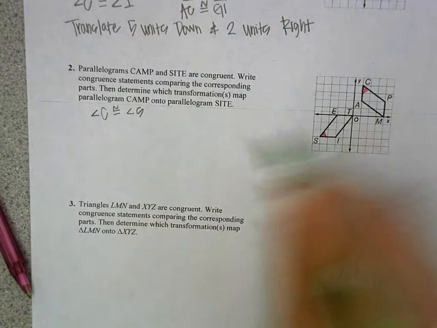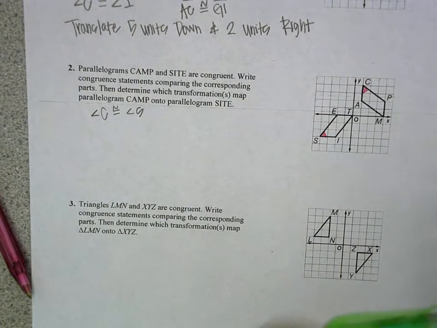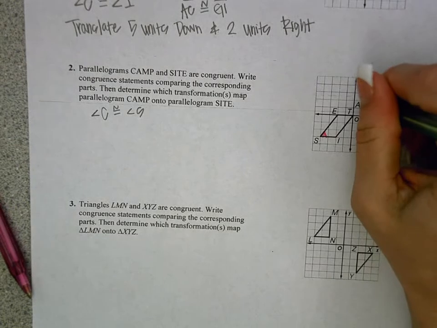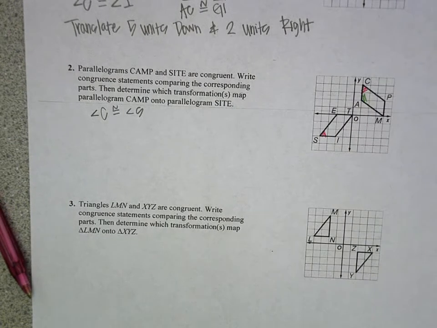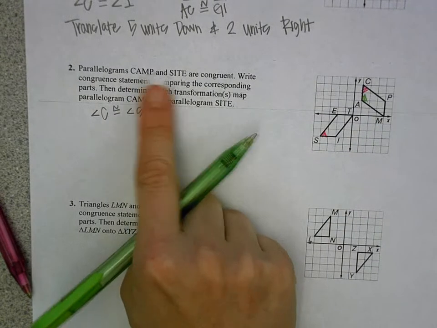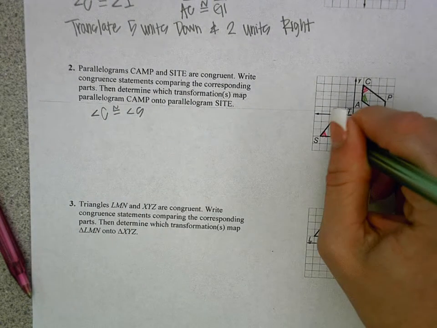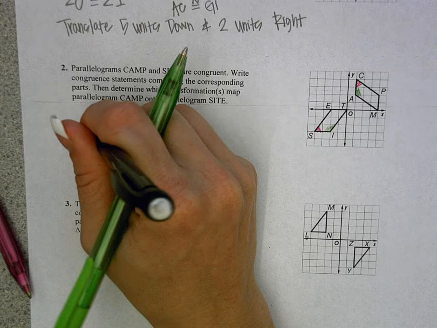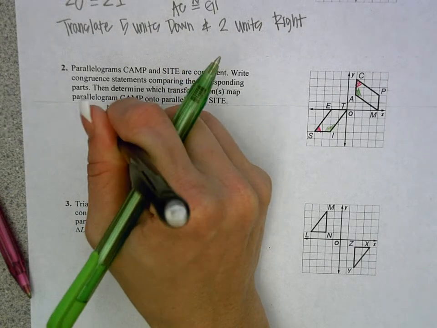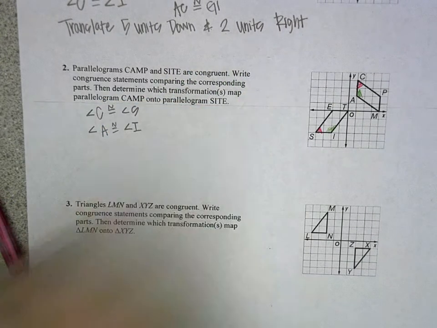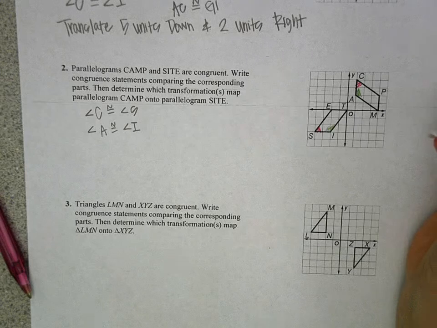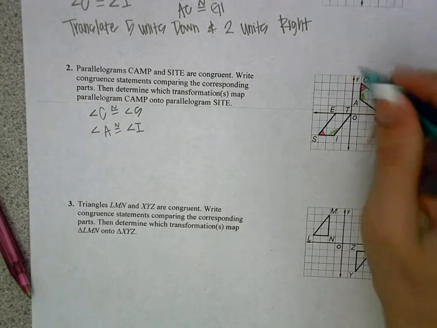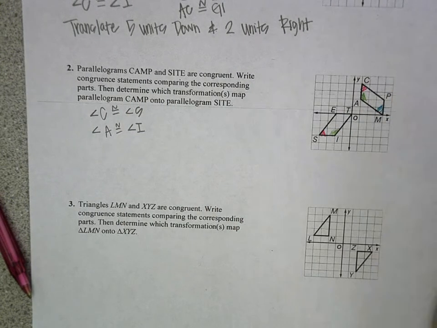Then we're just going to go around. So A would be congruent with which one? I, right. So the second one is congruent with the second one. So A goes with I. Write that statement. Angle A is congruent to angle I. What's my next one? The third one, M is congruent with which one?